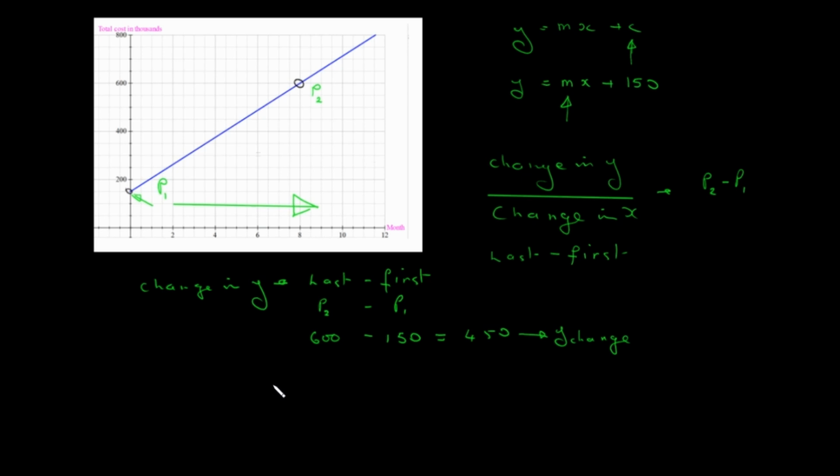Now let's look at the X. We have point 2 minus point 1 for the X. X values, point 2. There's point 2, come down is 8. Minus point 1 for the X, there's point 1.